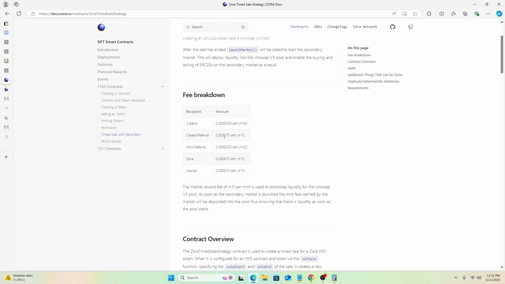So that exists. We'll talk about that. Then mint referral. I can't remember the breakdown surrounding this. Maybe you minted, then people mint after you. So after you minted, you propagated the link, and people minted after you.